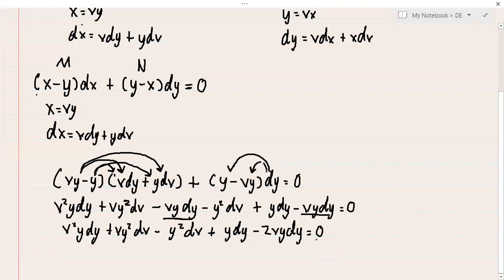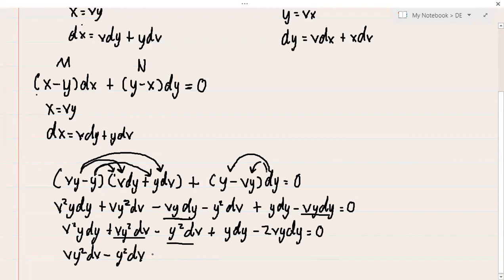So, anong gagawin natin dito? Ang gagawin ko muna dito is first, i-combine ko lahat yung naka-dv at naka-dy. Kumbaga, I will group all the terms that have dv and the other group that has dy. Una, let's start with dv. Sino yung may dv? So we have the second term and the third term. Ilagay ko sila sa unahan. So we have vy squared dv minus y squared dv.